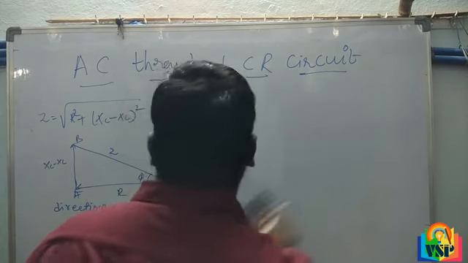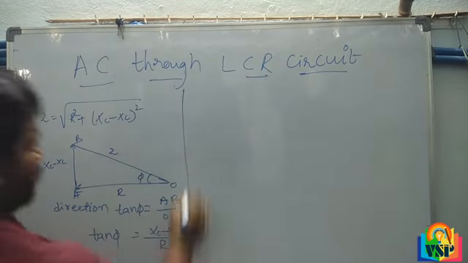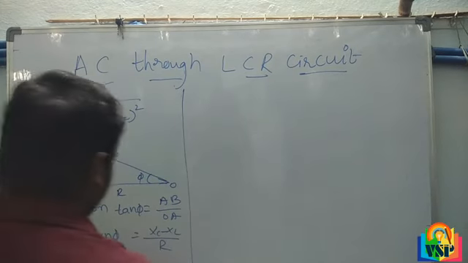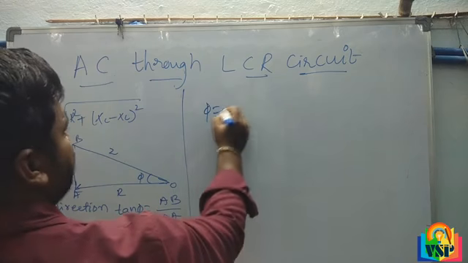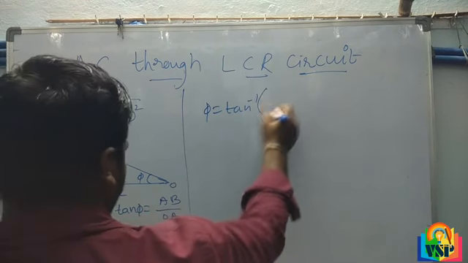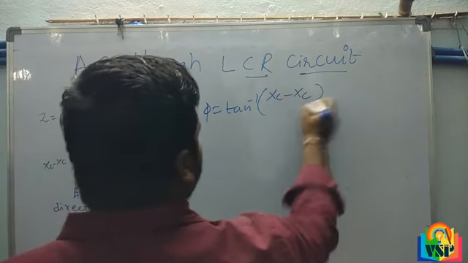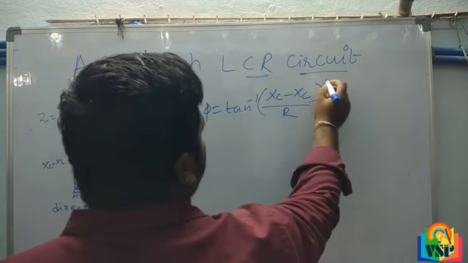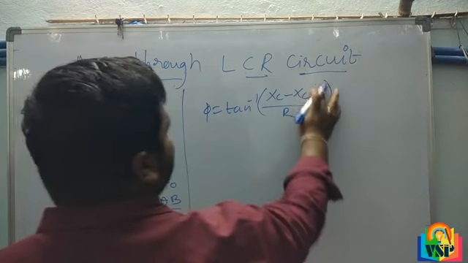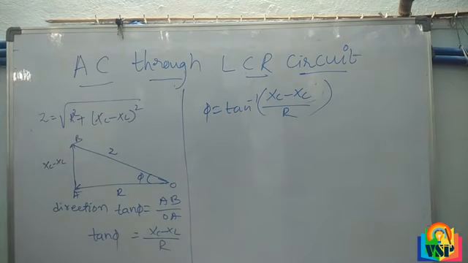Step by step you can write in your notebook. Okay, understand? Then phi is equal to tan inverse of XC minus XL by R. Okay, this is called direction. Understand?